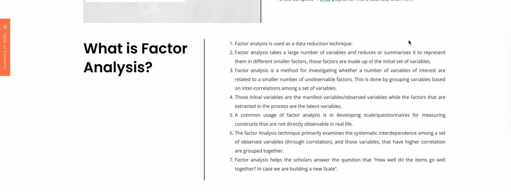Those factors are made up of the initial set of variables. Number 3, factor analysis is a method for investigating whether a number of variables of interest are related to a smaller number of unobservable factors. This is done by grouping variables based on intercorrelation among a set of variables.